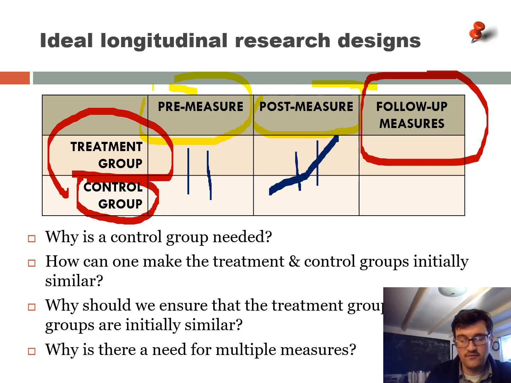And it depends. Like if we're looking at accident rates, for the post measure, we would hope to see that the treatment group is lower than the control group. And if it was, say, introducing merit pay or a commission system, we'd want to see the sales higher here for the treatment group and lower here for the control group. Follow-up measures, again, this is in the ideal design. Because why is this ideal? Well, because this way we can see whether or not things are stable.